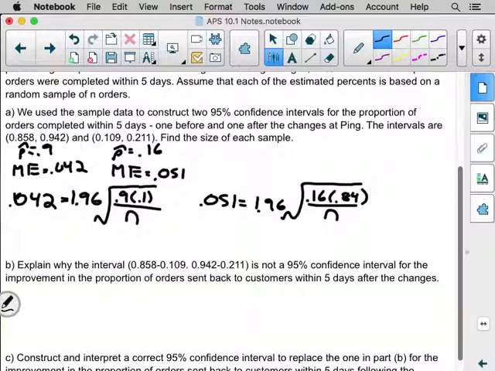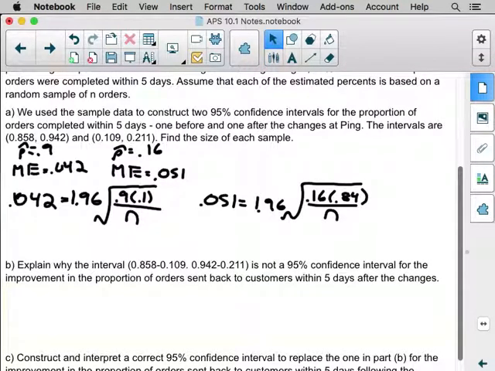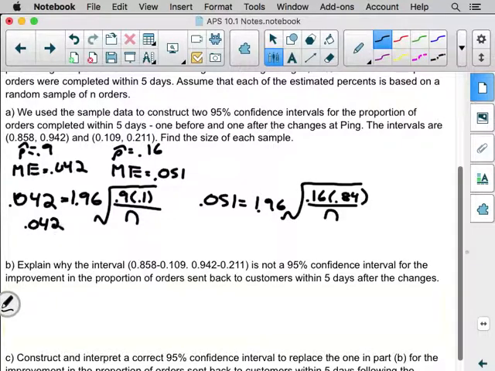So again, let's walk through that process, okay? Tell me what to do. What's the first thing that I would do? Divide over 1.96, okay? So I would have 0.042 divided by 1.96. What's the next thing I would do?